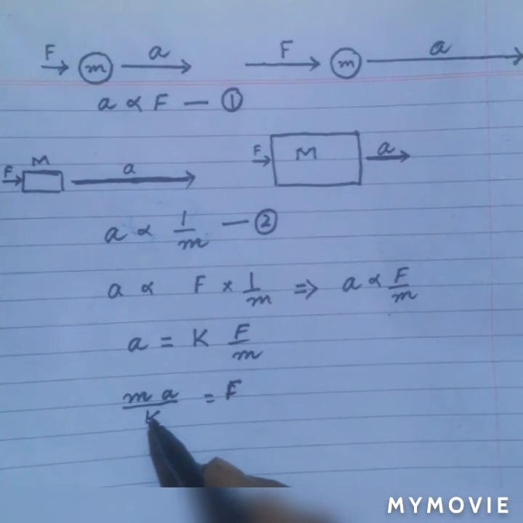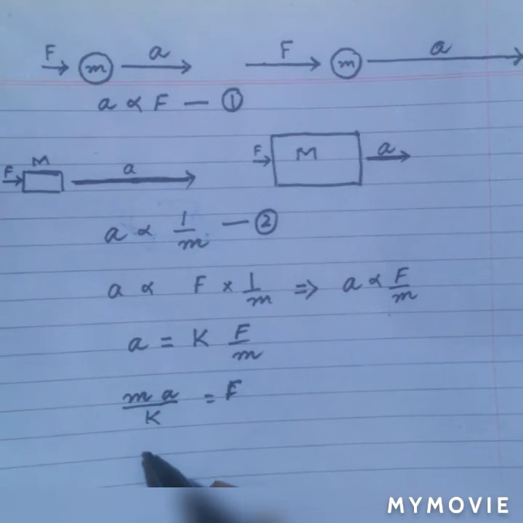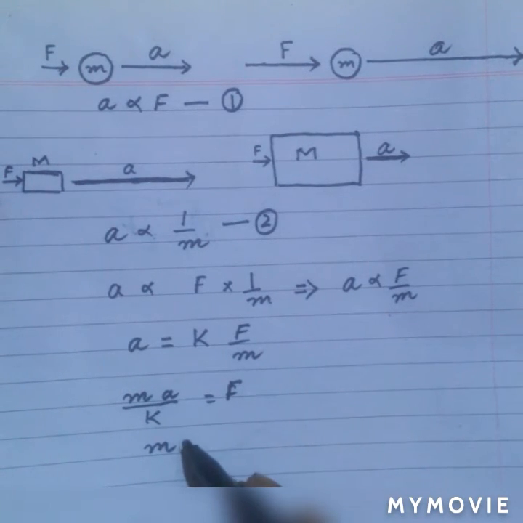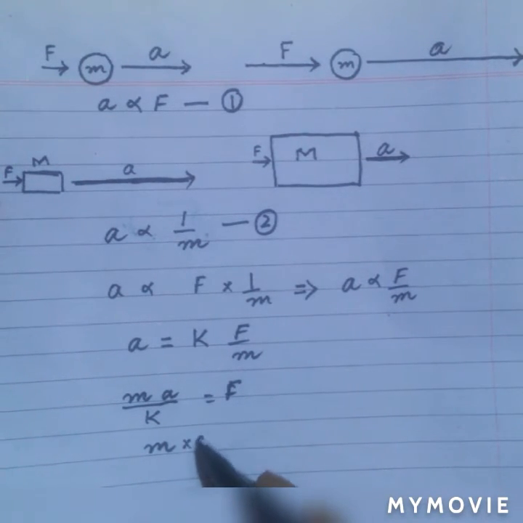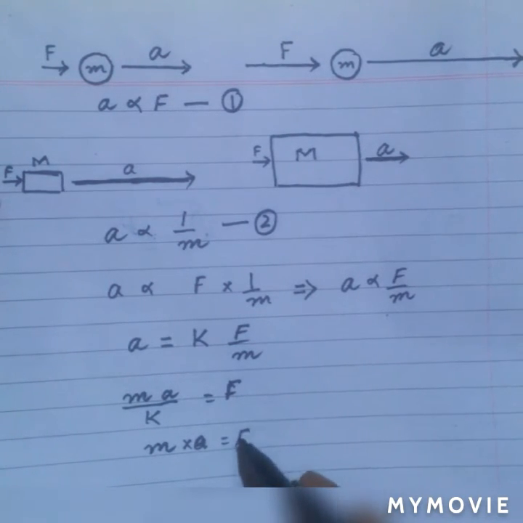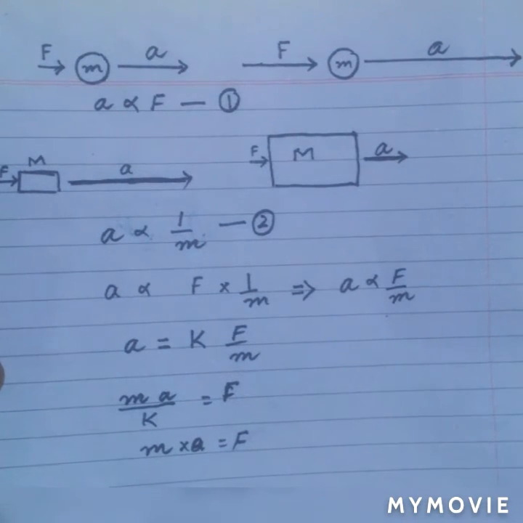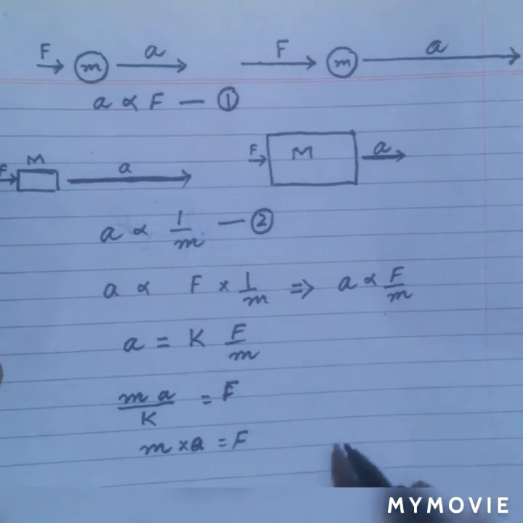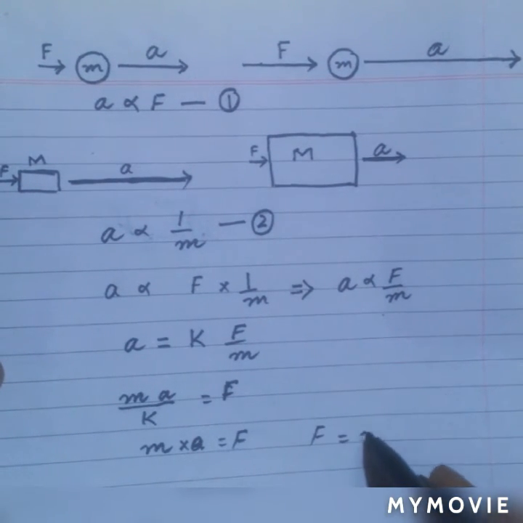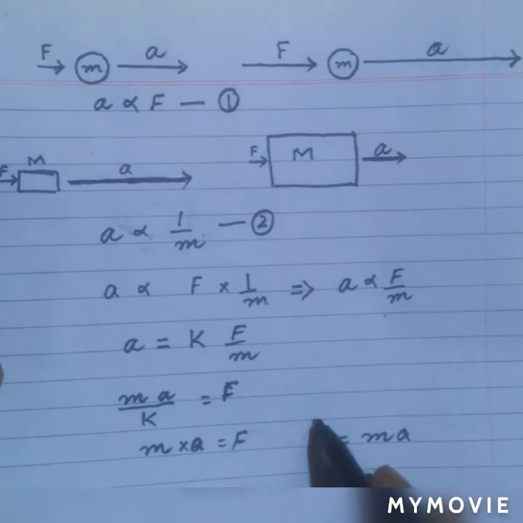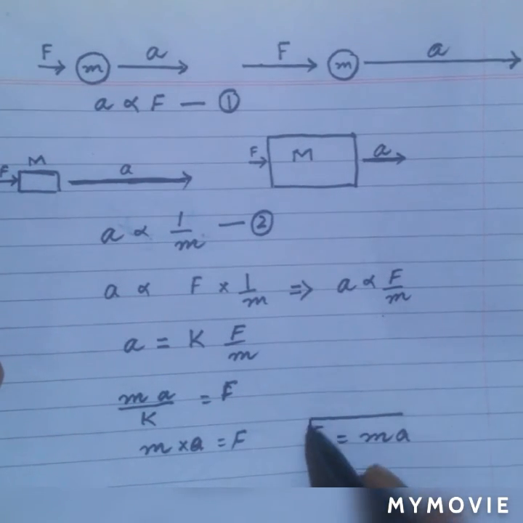In this case, the constant of proportionality is 1. So when you replace the constant of proportionality with 1, you will get m into A upon 1. And since 1 is in the denominator, there is no need to write it, so we can write m into A is equal to F, or simply we can say that F is equal to ma.